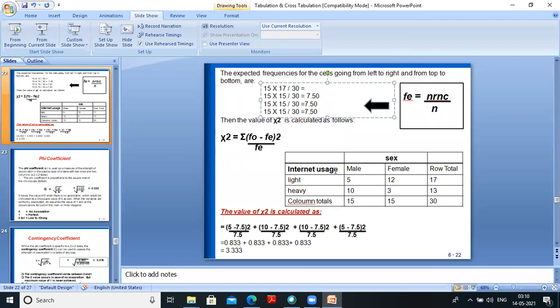Then for this 12, it will be 15 into 17 divided by 30. Again the same, because this total is the same: 10 and 5, 15; 12 and 3, 15. 15 into 17 divided by 30. For 10, this is 15 into 13 divided by 30. And for this, 15 into 13 divided by 30. You can calculate this.